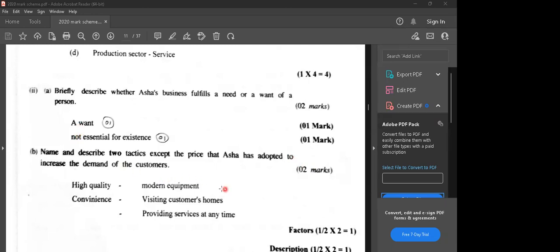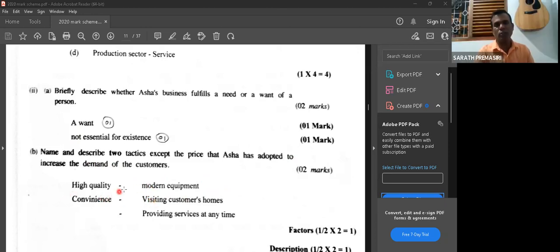So is that enough if we describe only 4 or 5 lines for that question? Yes, that's enough. No need to describe too much. You see, you can explain it precisely. Don't explain too much. For business studies, too much explanation is not needed. Now here, for high quality, you can use at least 2 or 3 sentences.